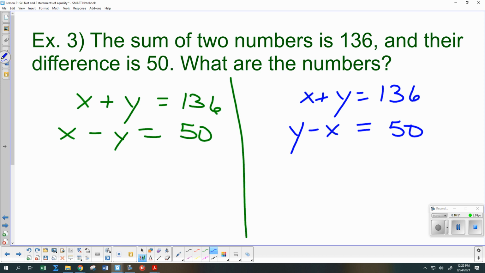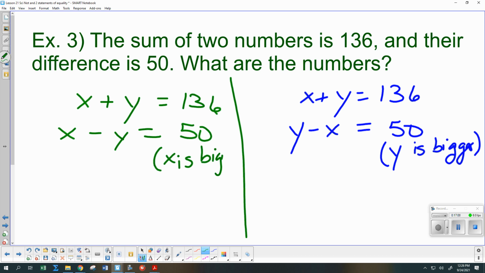This one simply means y happens to be the bigger one of the two. I took bigger minus smaller to get a positive. If I took smaller minus bigger, I would have gotten a negative 50 there. This one simply says, without writing it down, x is the bigger one and y is the smaller one. So we could have done it either way.